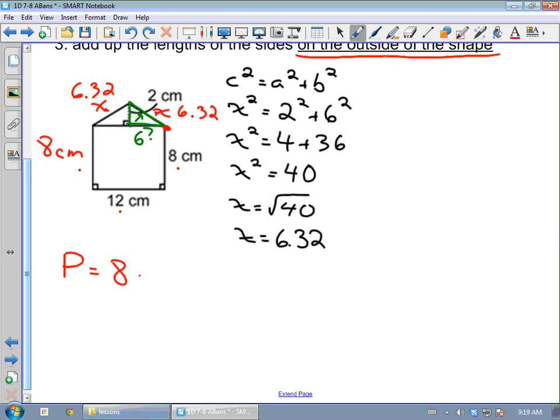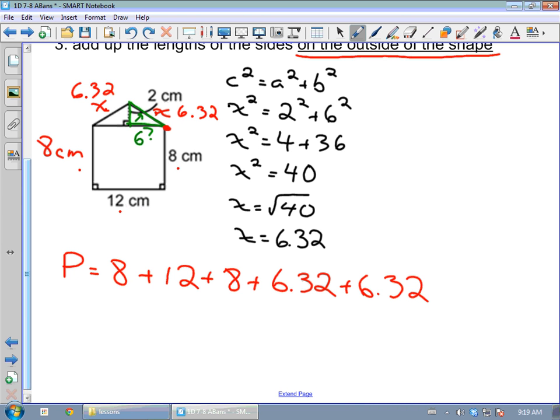Coming around, I've got a 12. So add that on. I keep coming around, I've got another 8. Whoops. I don't need a dot there, I need another plus sign. Keep coming up, I get a 6.32. Come around again, I get another 6.32. And then I'm back to my starting point again.